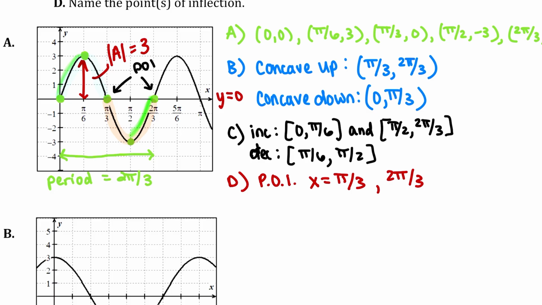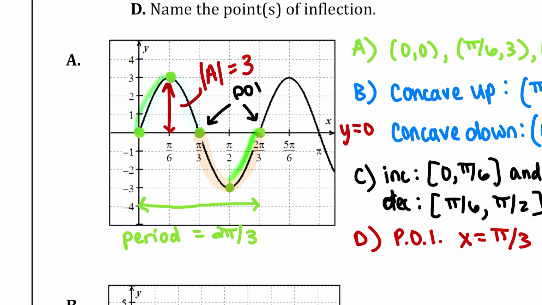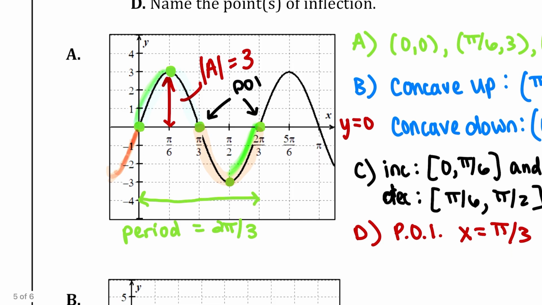You'll note, I'm just going to scroll down a little bit. Notice how in example A, I'm just going to draw with my highlighter, our little sine graph does not go down again past our origin. So that's why we're not including that point as a point of inflection, because it's not actually changing anything.